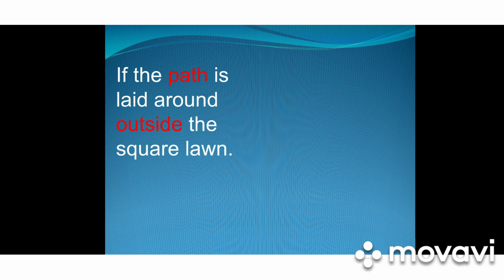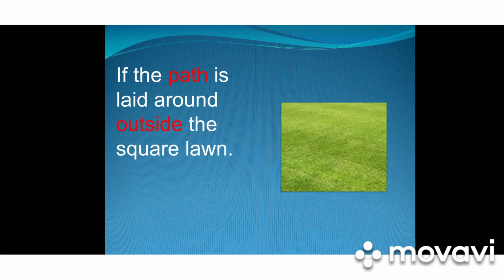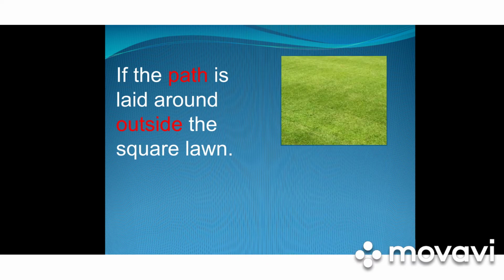Next, if the path is laid around outside the square lawn, as we have just discussed, in detail, same figure, which is b centimeter square lawn, and the path is constructed around outside.